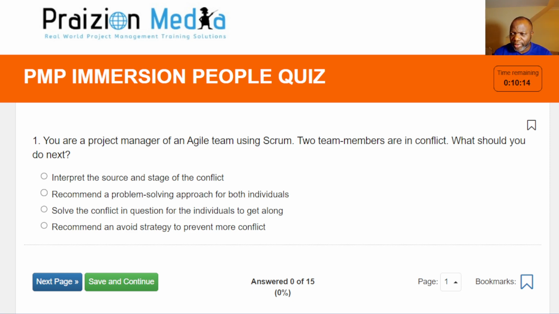Option B, recommend a problem-solving approach for both individuals. Again, while it sounds good, it is presumptuous for you to say it's got to be problem-solving. And it's also presumptuous for you to solve the problems or solve the conflict for the individuals involved. So you got to look out for these things on the exam, those options that make you the conflict solver or are presumptuous.